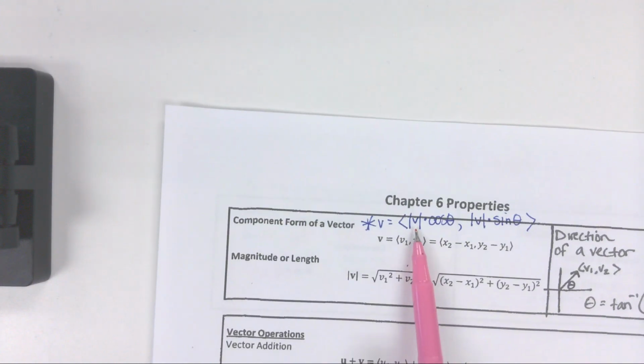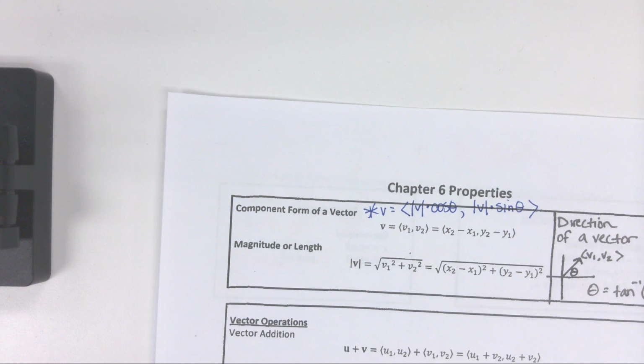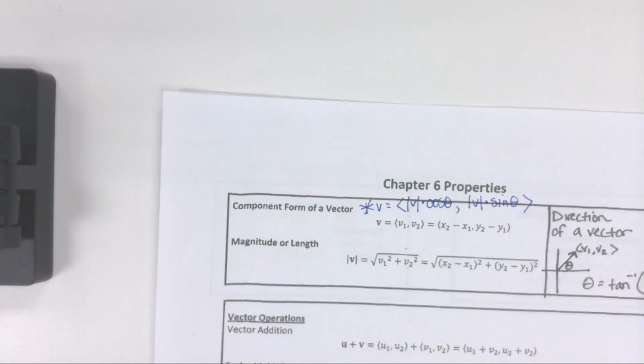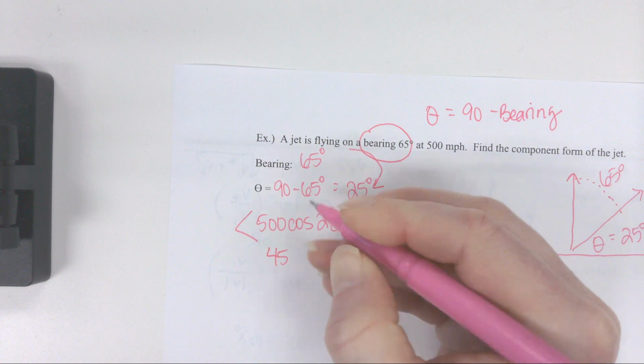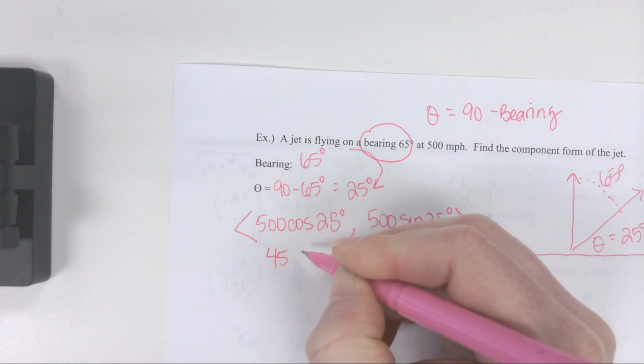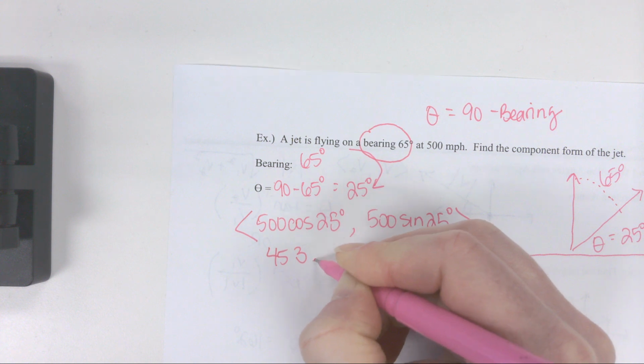So magnitude times cosine of the angle, and magnitude times sine of the angle. That makes it 211.2, 450.30.